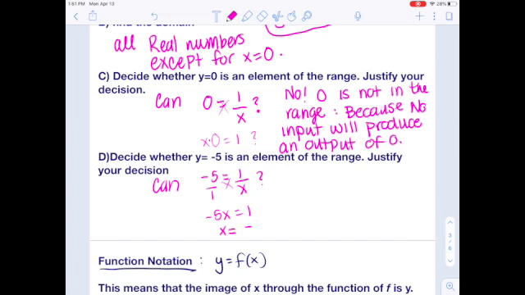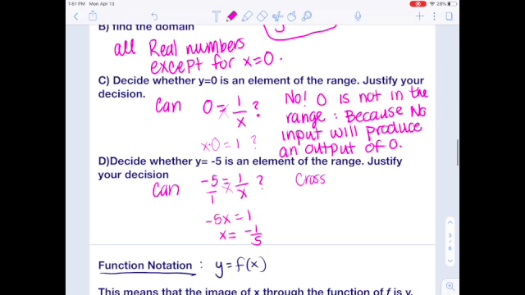So your x would have to be negative 1 over 5 in order for that statement to be true. So we're going to cross multiply and solve for x. So x is equal to.